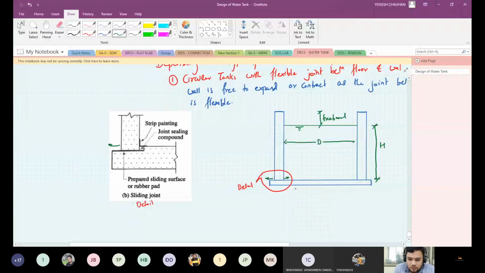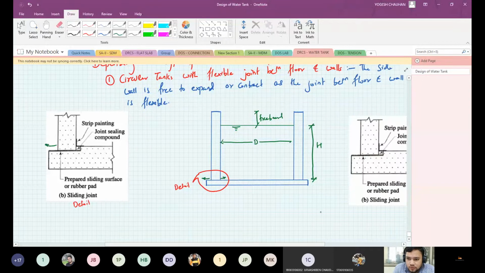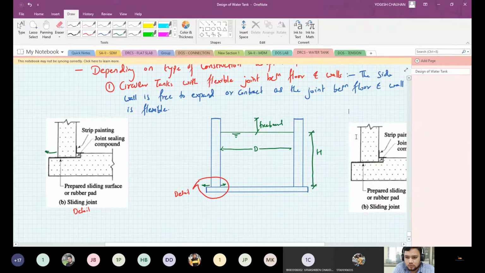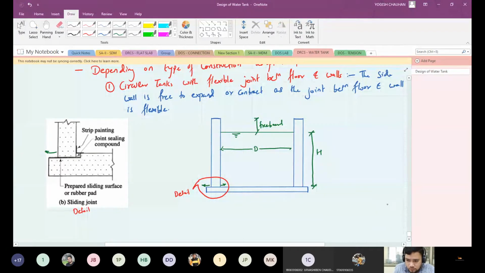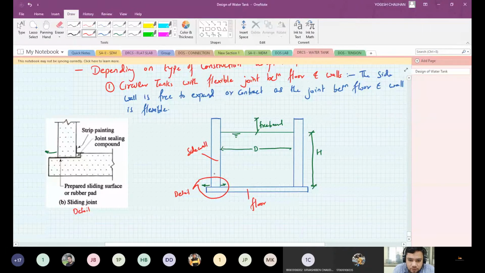So this is one of the types in which the side walls, these are called side walls, and this is the floor. The connection between the side wall and the floor is a flexible type.